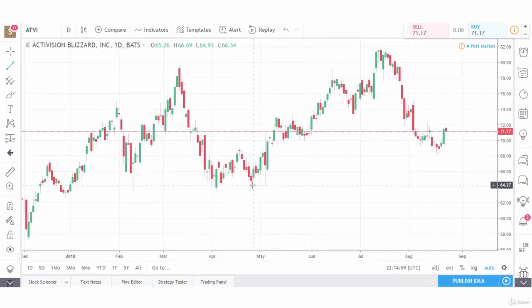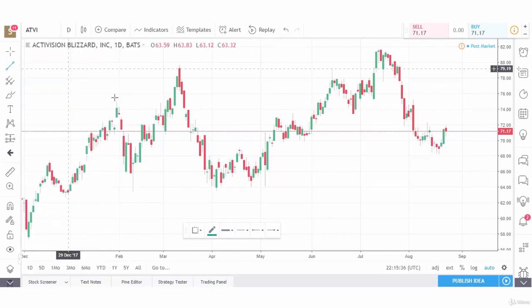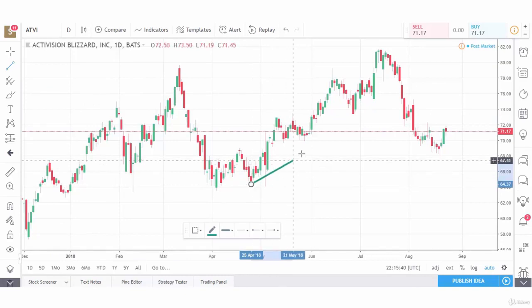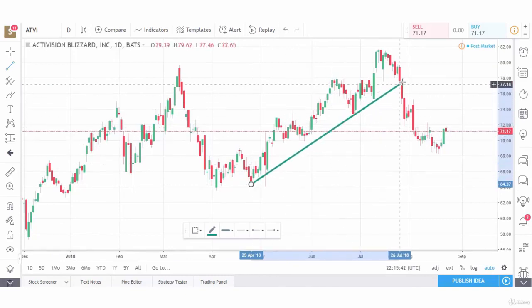Let's take a look at the stock of Activision Blizzard, or ATVI, and the channel it has formed since May of this year. We're going to draw our trend line from the low in late April up when we see the stock was in a bull market here.